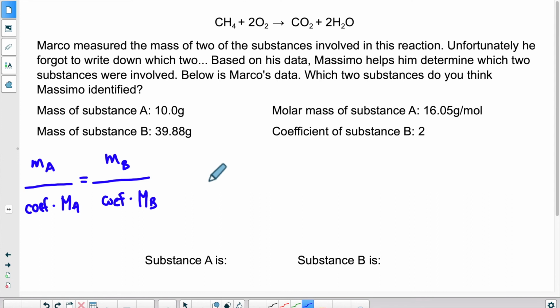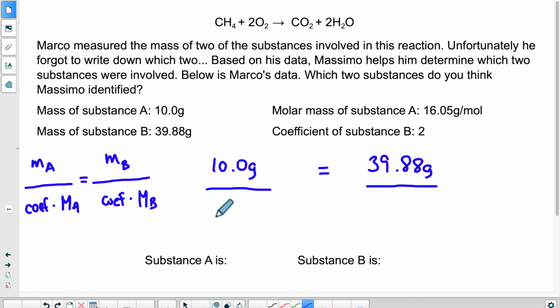How do I go about this? Well, let me use the information that is written over here and put it wherever it belongs inside my equation. So I have the mass of substance A, which is 10.0 grams, and I have the mass of substance B, which is 39.88 grams.